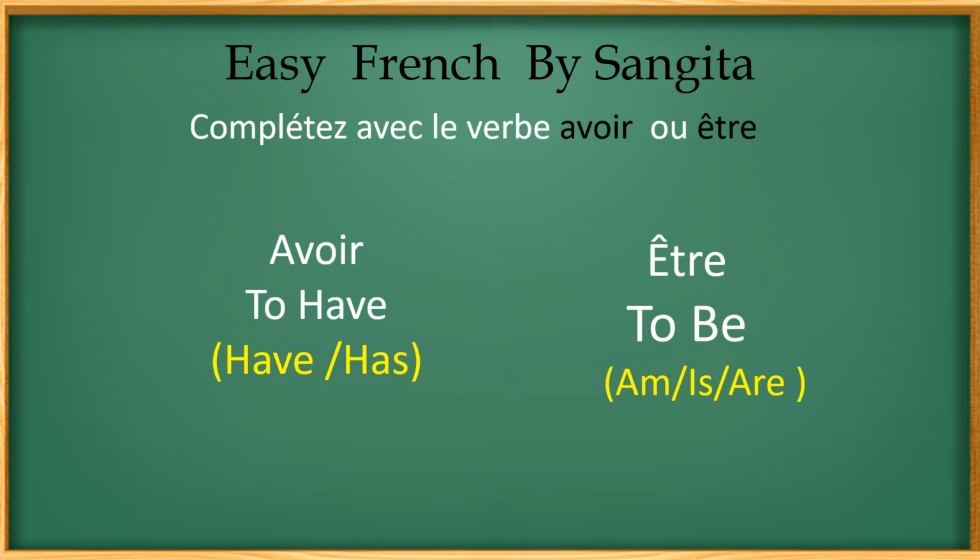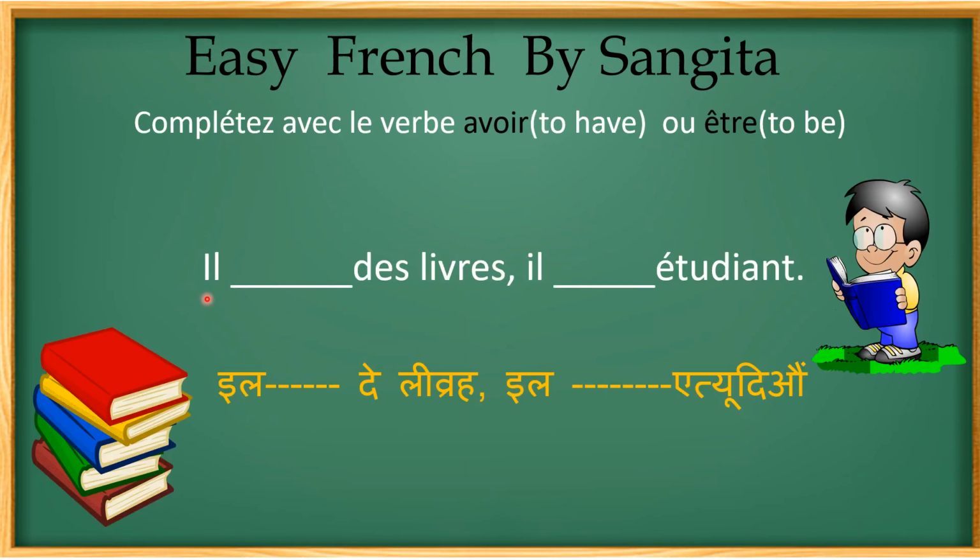So let's see. The first sentence is il dash des livres. What you do is translate all the words into English in your mind. So il means he, des livres means some books.